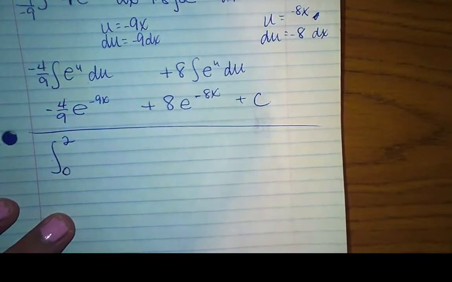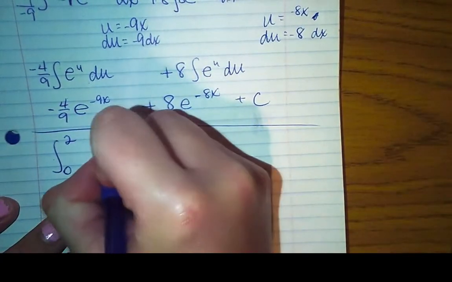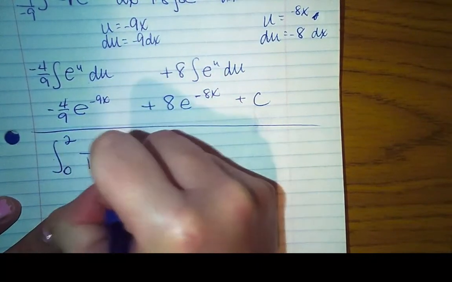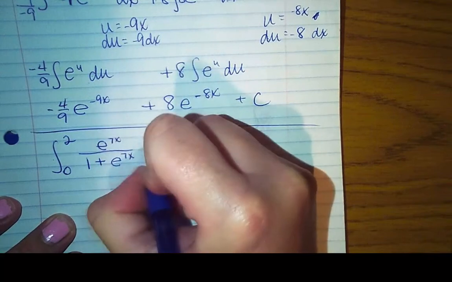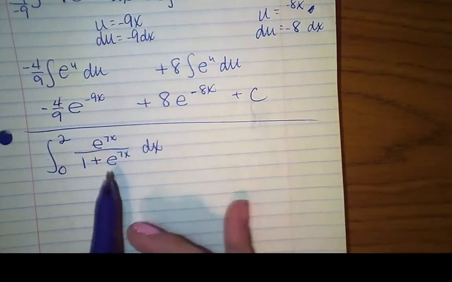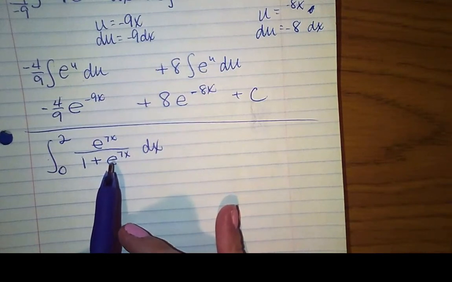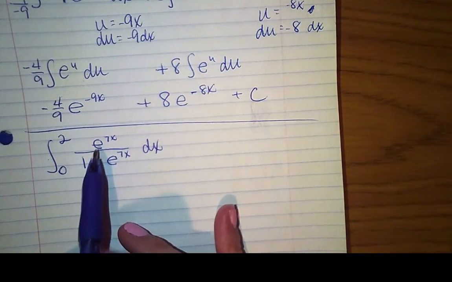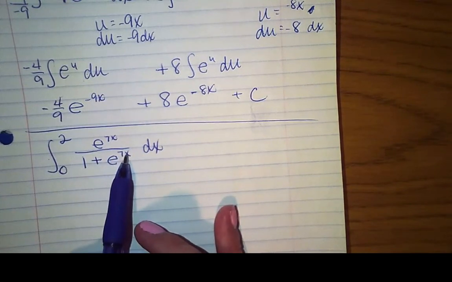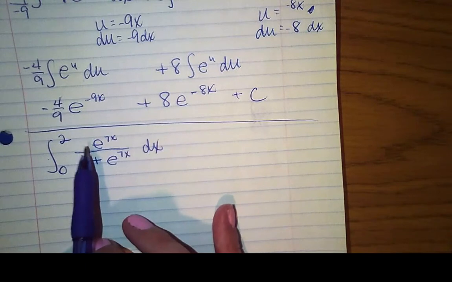What I have is an e to the 7x over a 1 plus e to the 7x dx. Okay, so now is the derivative of the bottom in the top. Well, the derivative of the bottom, this will be 0, and this will be e to the 7x dx times 7.